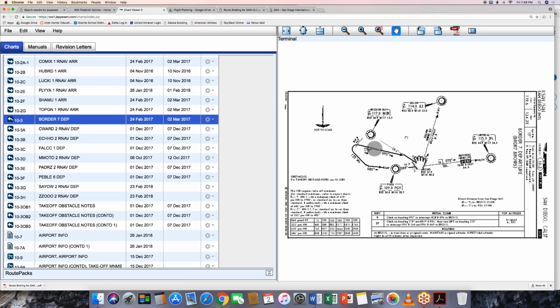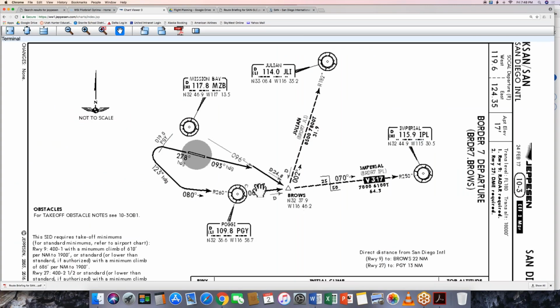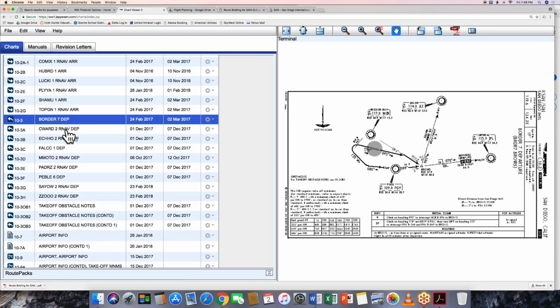When we look at Border 7 here, once again, going back to what we were talking about yesterday, here's our airport. This is the start of the departure, but these are our transition points, and we can tell that by the dotted lines out to the transition points, right? So this kind of sends us due east from San Diego, is what we're kind of seeing there.